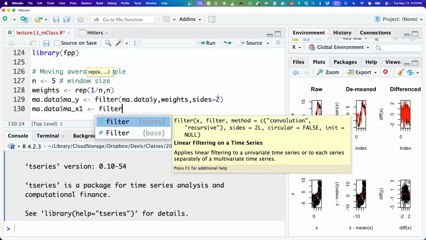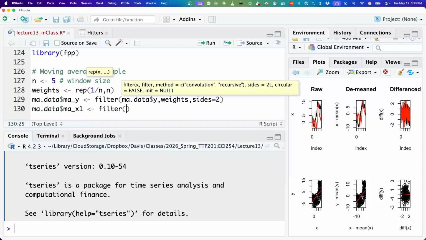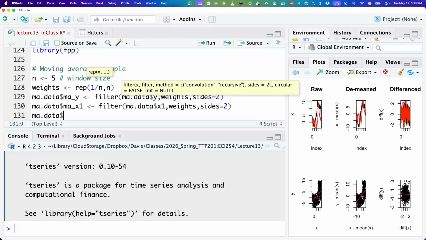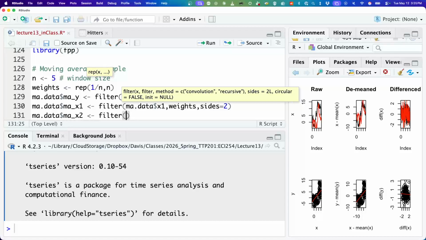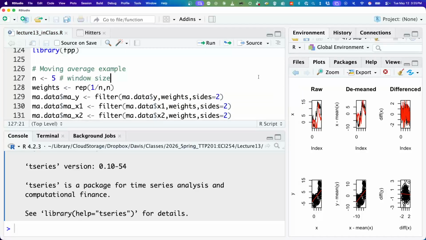That would be a total window of 5. Okay, so we create each of these.